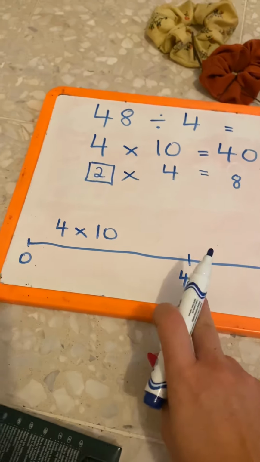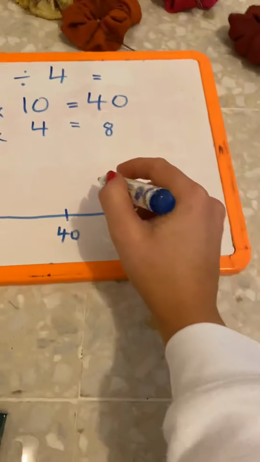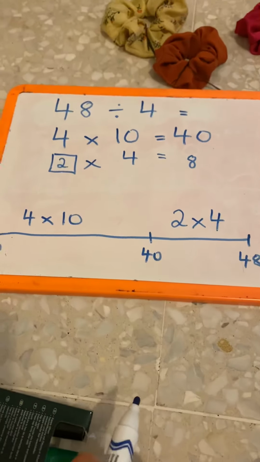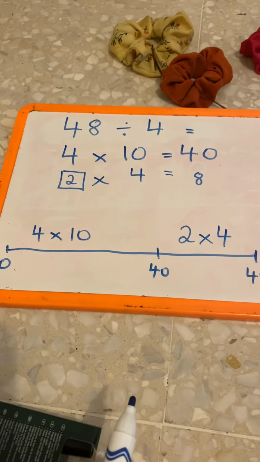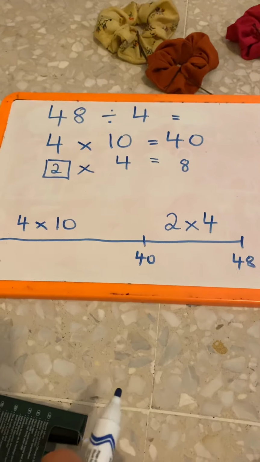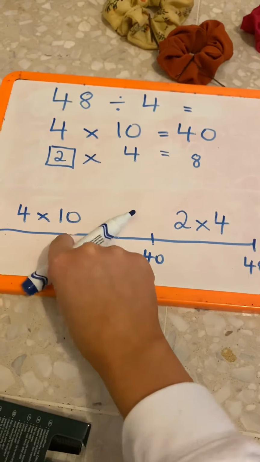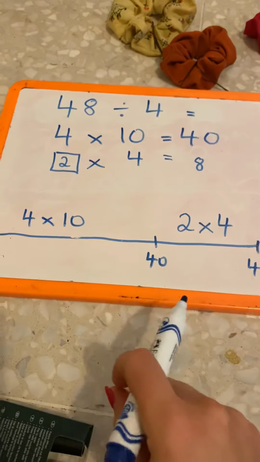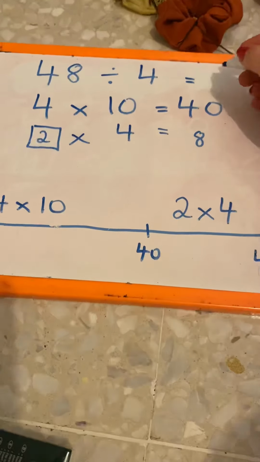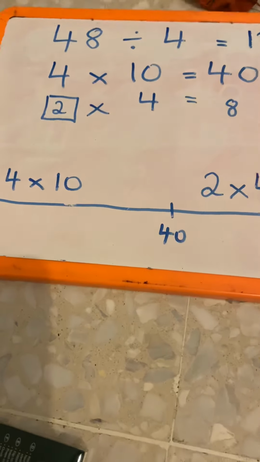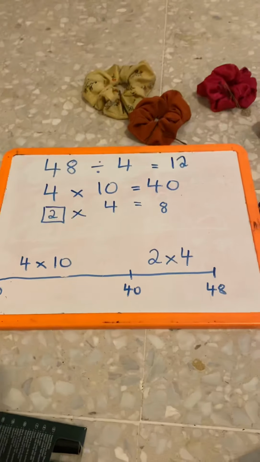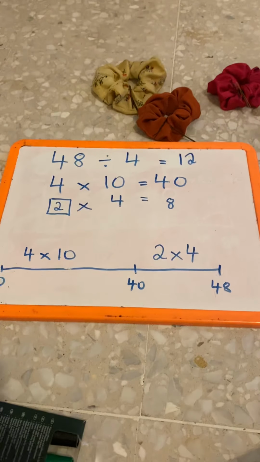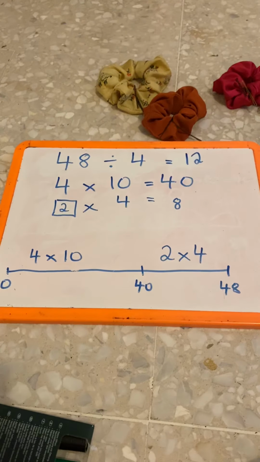So to get from 40 to 48, that's 2 times 4. So now we had 10 in each group, and we had 2 in each group. 10 plus 2 equals 12. So if we had 48 and we divided it into 4 groups, we would get the answer 12.